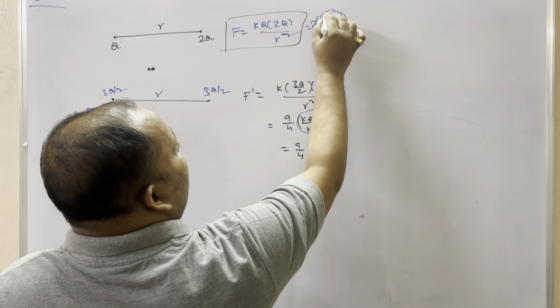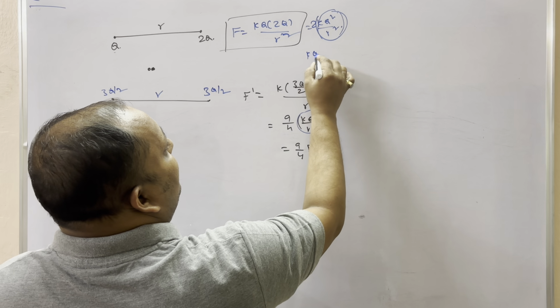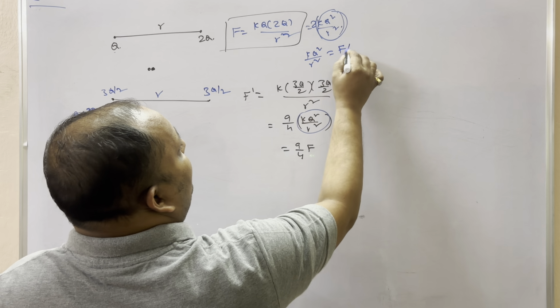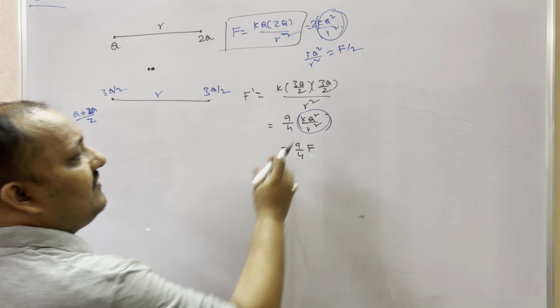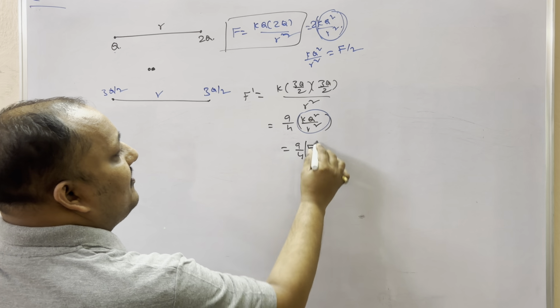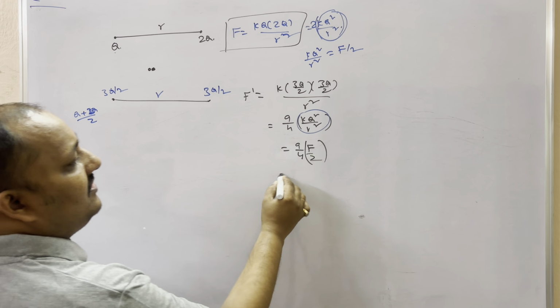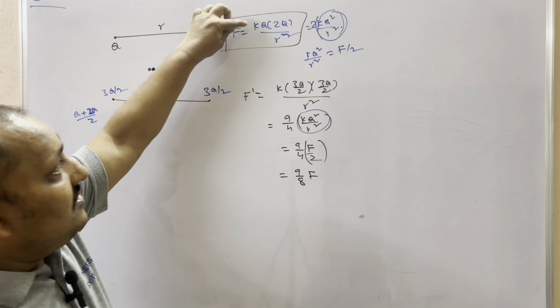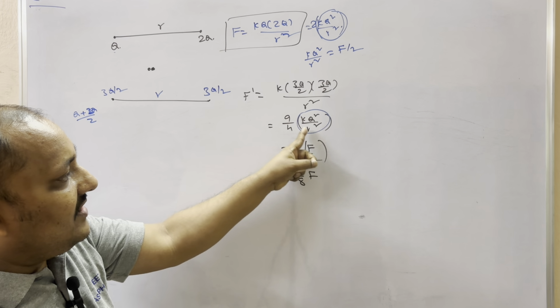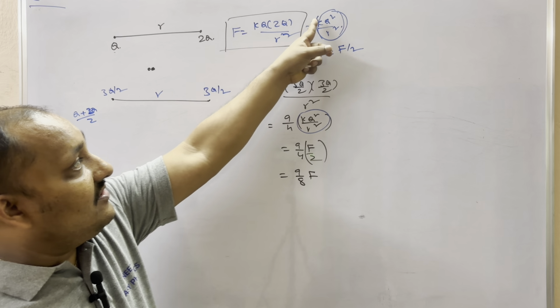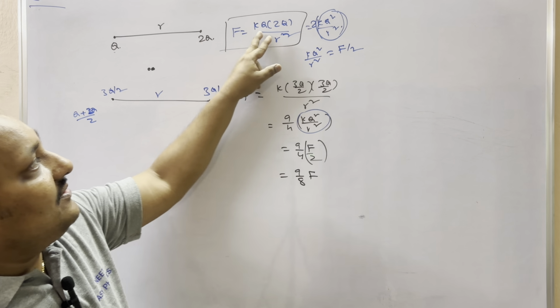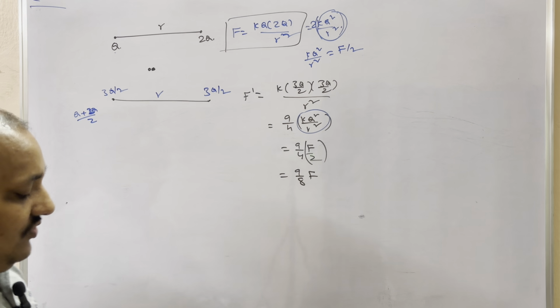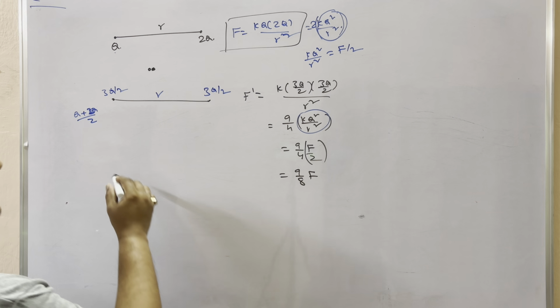In place of kq square by r square, we have to take F by 2. Then we are going to get 9 by 8 F. Understood? So here kq square by r square is F by 2 because 2 also will be there here. You should see carefully.